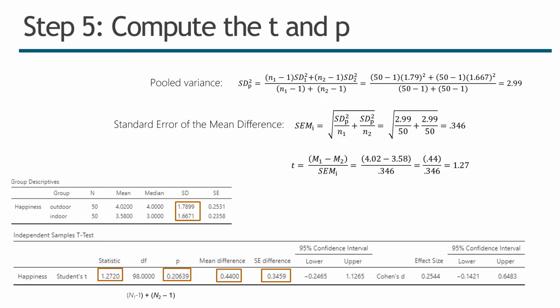And then finally, your t is the difference between the means divided by the standard error. So it's the observed difference divided by the difference you'd expect due to sampling error. So our t here is 1.27. In the output, you can see that that gives you a p-value of 0.206. And that p has 98 degrees of freedom, which is just the total sample size minus 2, or one sample minus 1 plus the second sample minus 1.